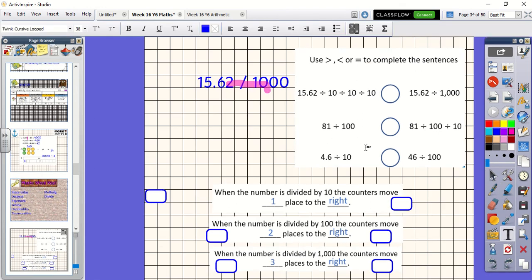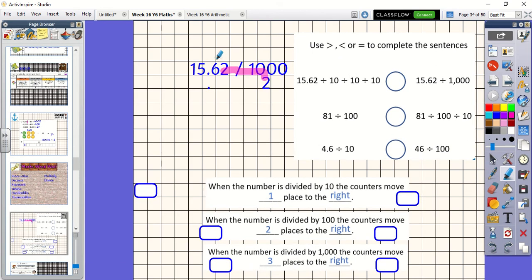Now remember, before you do anything else, your decimal point stays exactly where it is. The decimal point does not move, okay? So we've just moved the 2, so that is here. Now we need to move the 6. So again, 1, 2, 3, and that 6 is going to go there.